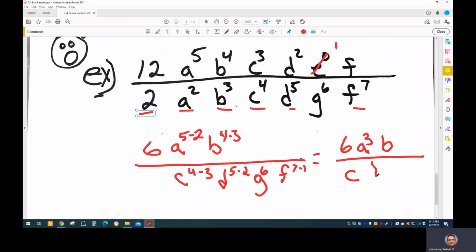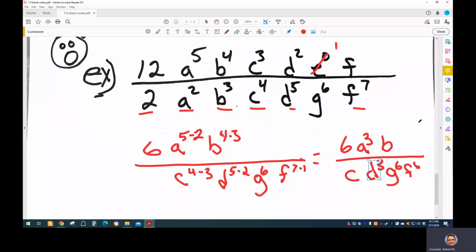D is downstairs. That is an ugly D. 5 minus 2 is 3. G is all by itself, so it just comes along for the ride. And the F, 7 minus 1 is 6.